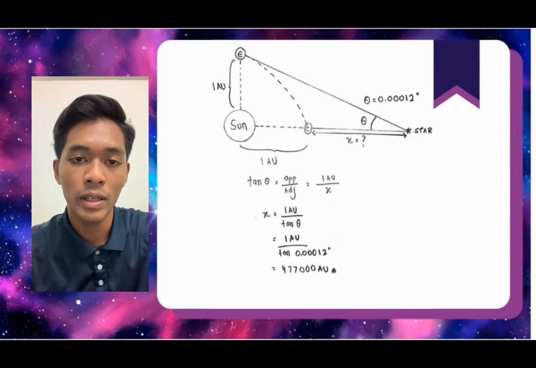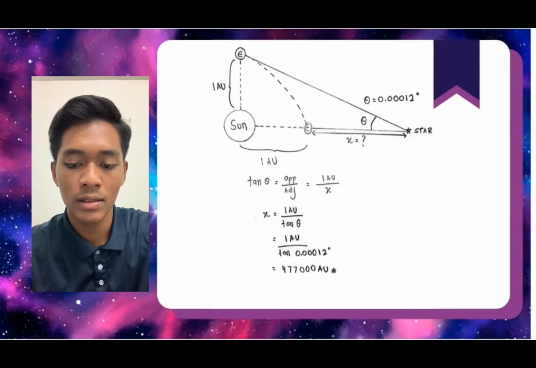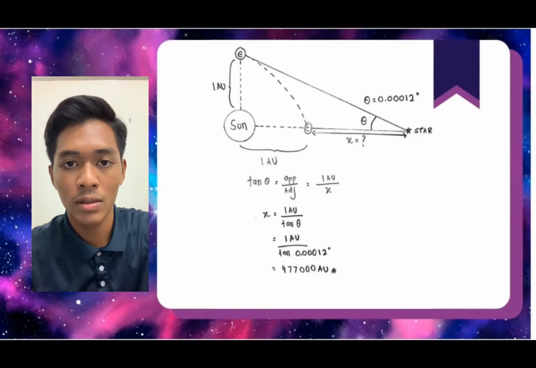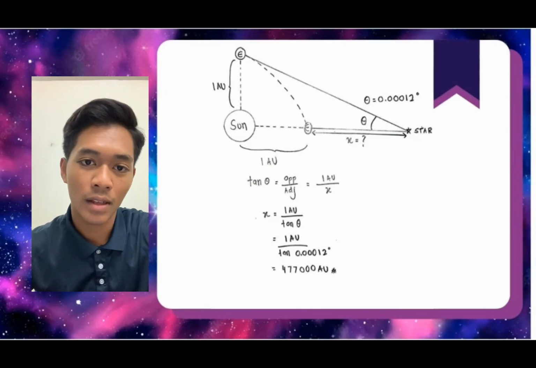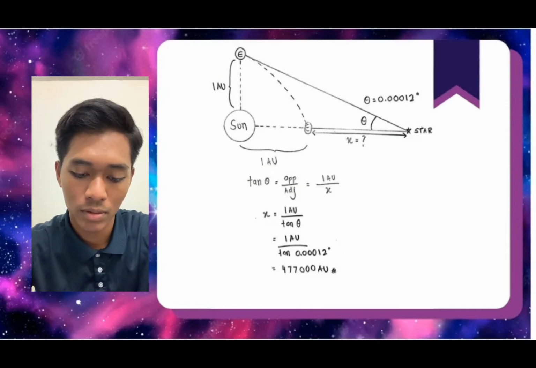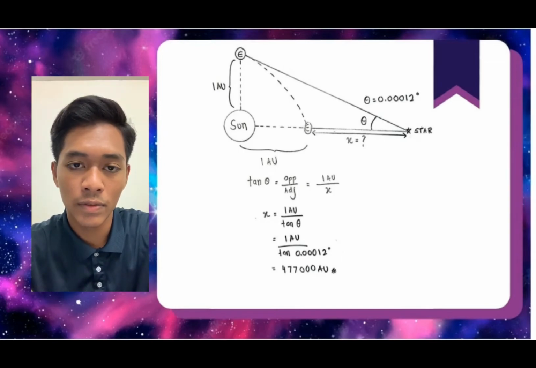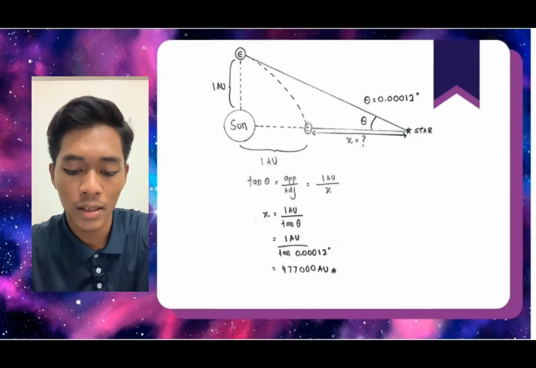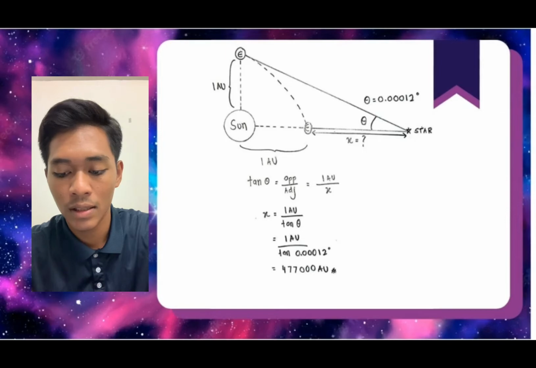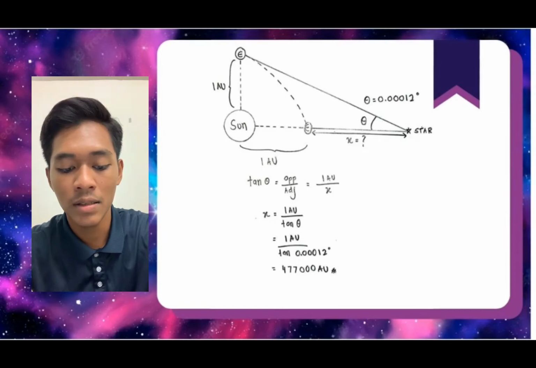The last step, we divide 1 astronomical unit by tan 0.00012, and the answer is 477,000 astronomical units. That is the distance between the Earth and the star.